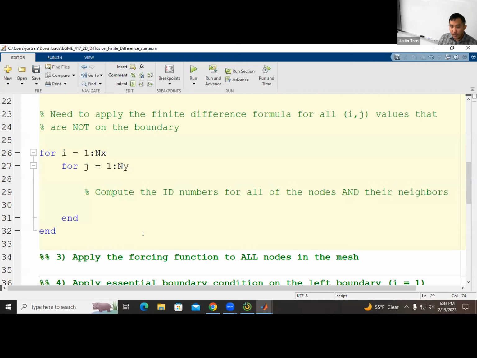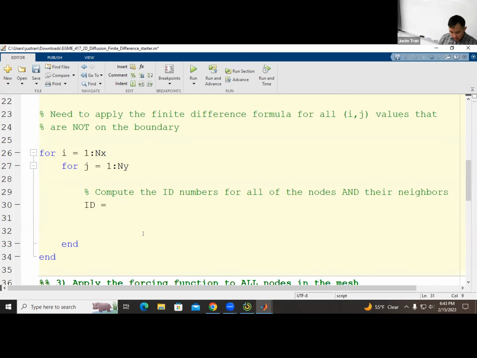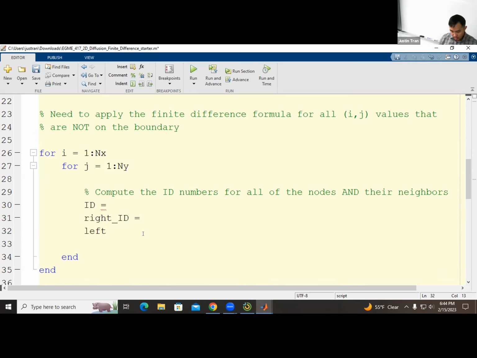If you remember from the first example today, we had 5 equations: an equation for ID, and equations for the right neighbor, the left neighbor, the top neighbor, and the bottom neighbor.